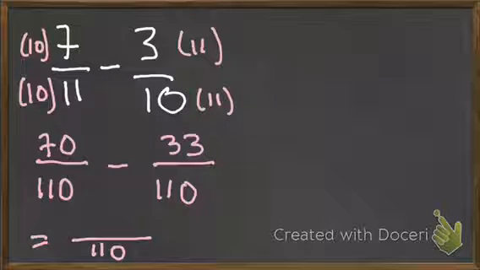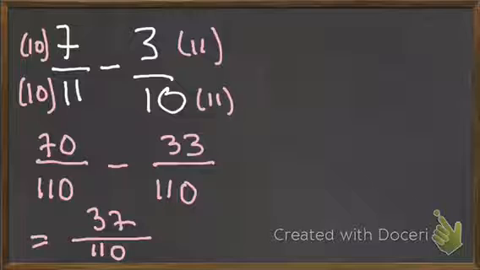So go ahead and subtract 70 minus 33 and tell me what you get. So once you have subtracted that without using a calculator, you get 37.